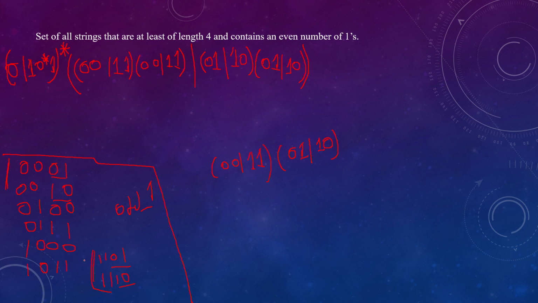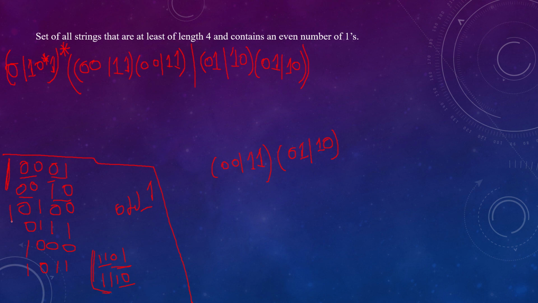So these will generate these 4 strings, how? There is 00 or 11 at first. So this 00 or 11 and then 01 or 10.